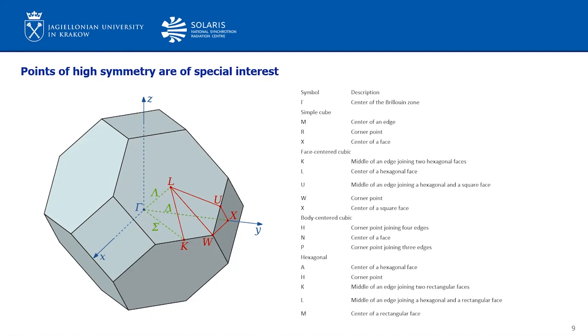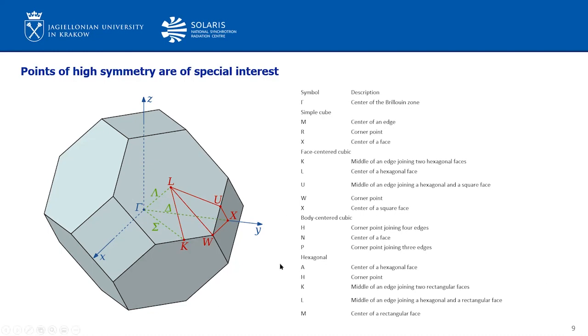Well, when you want to measure, I would like to propose an exercise for you. For example, we have the FCC, face-centered cubic structure, and for the face-centered cubic the Brillouin zone looks like here.